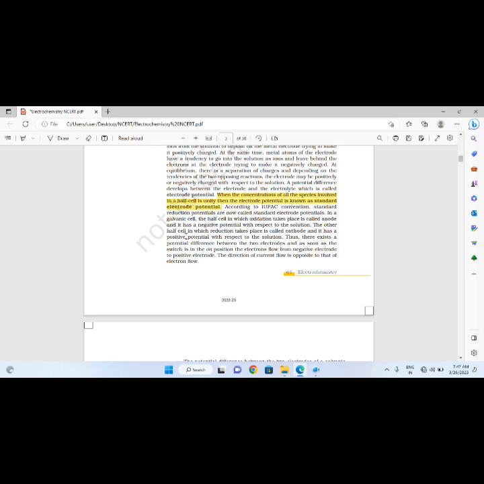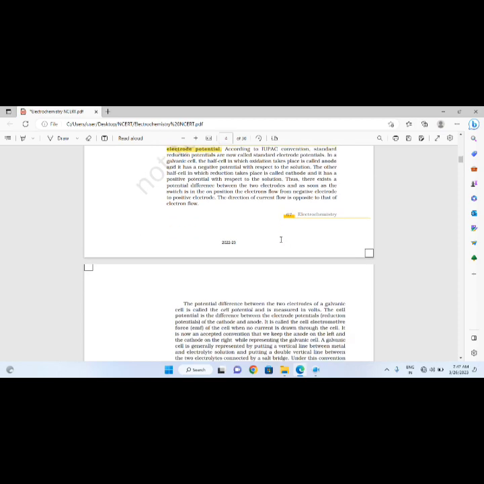The other half cell in which reduction takes place is called the cathode, and it has a positive potential with respect to solution. We have to know the IUPAC convention also.